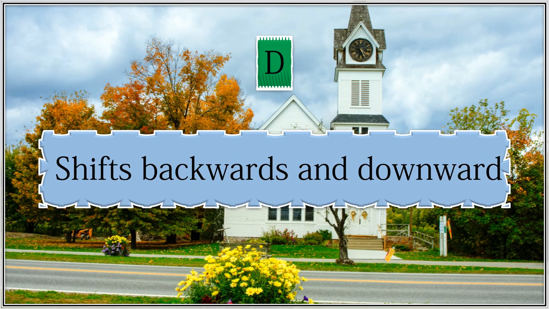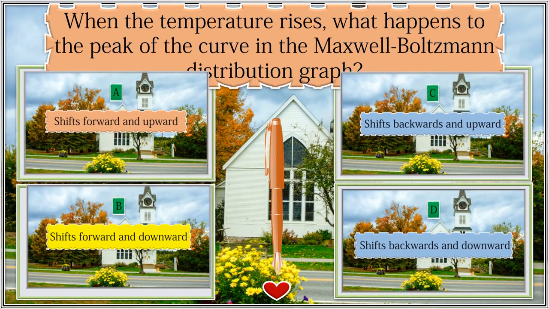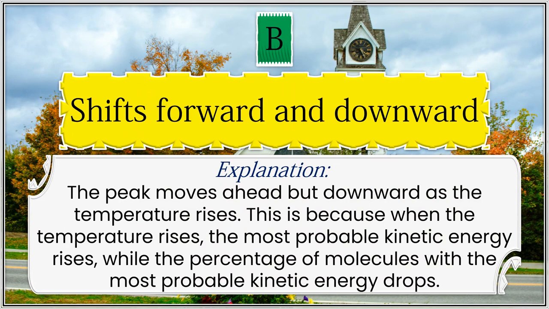Shifts backward and downward. The answer is shifts forward and downward. The peak moves ahead but downward as the temperature rises. This is because when the temperature rises, the most probable kinetic energy rises, while the percentage of molecules with the most probable kinetic energy drops.